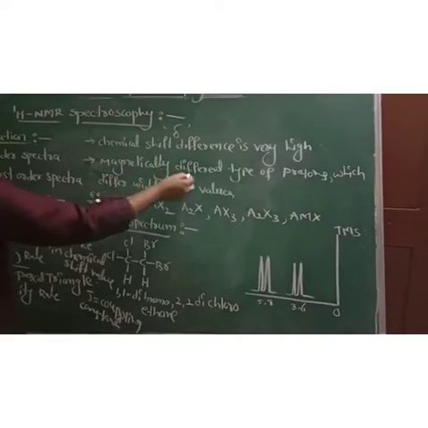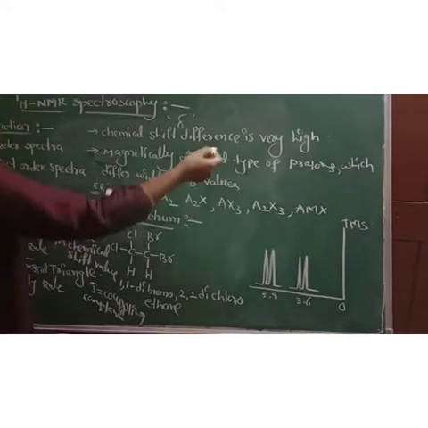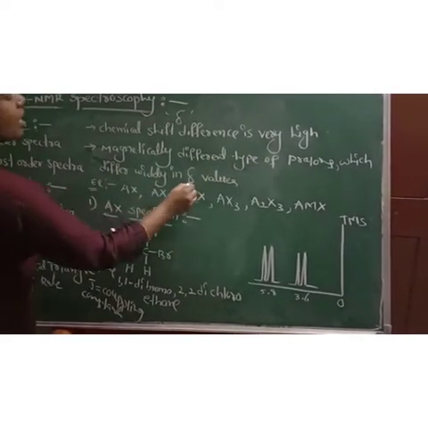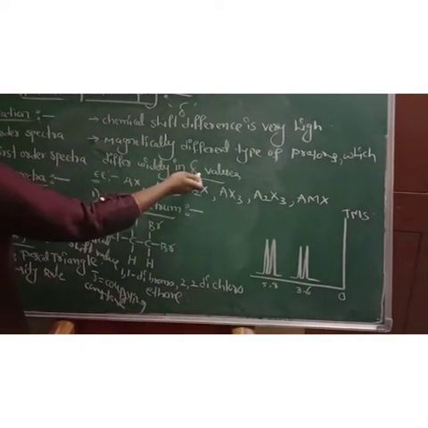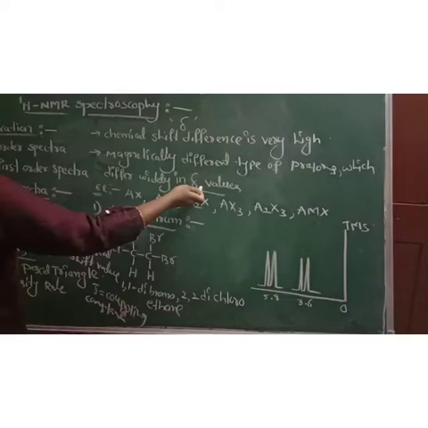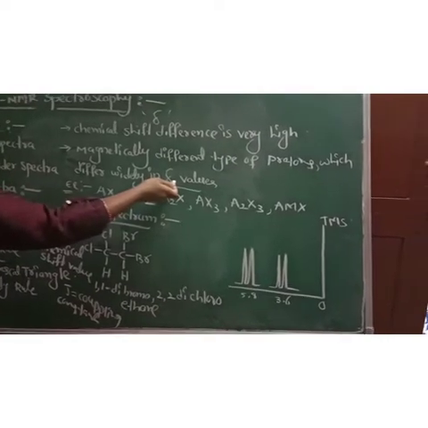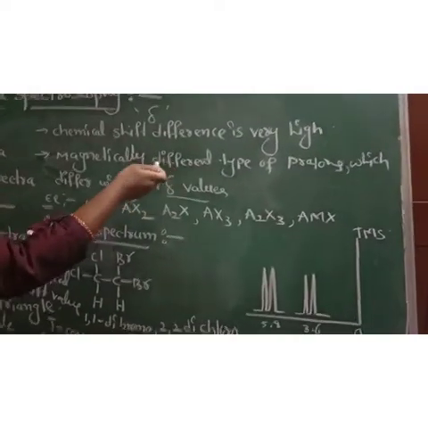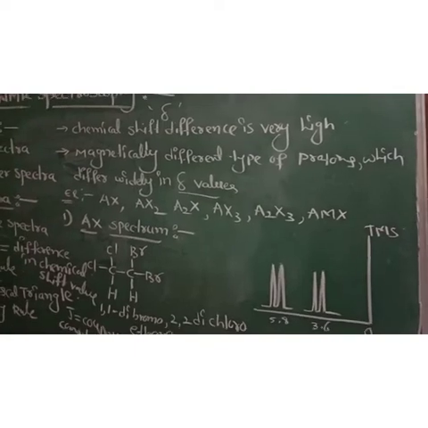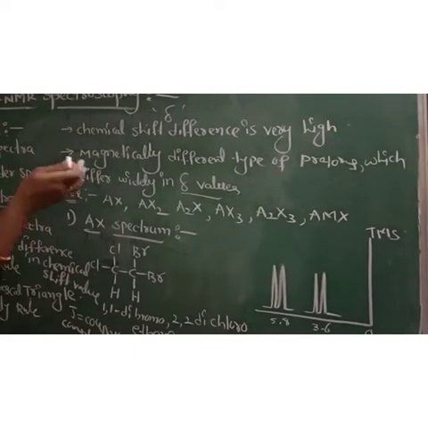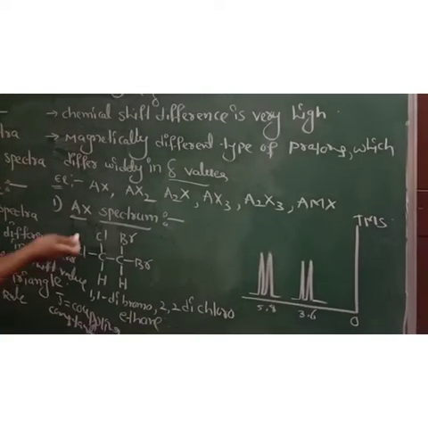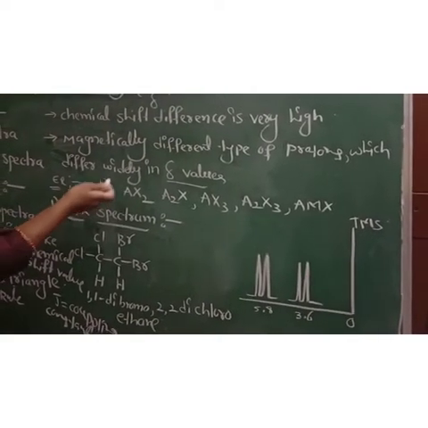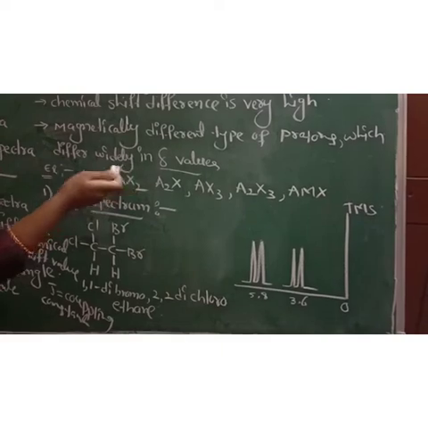The magnetically different types of protons differ widely in chemical shift value, and this large chemical shift difference gives the different types of protons in the spectrum. Here the different types of protons are represented by letters like A, X, or A, M, or A, B, C, like that.